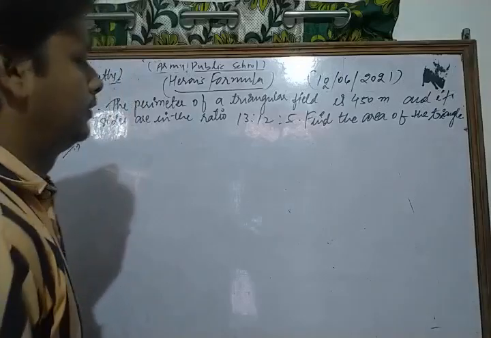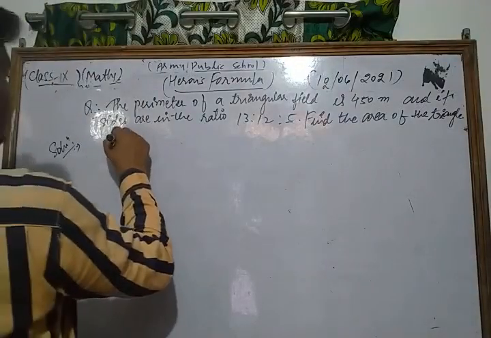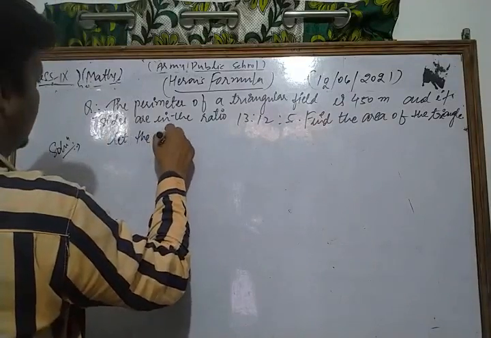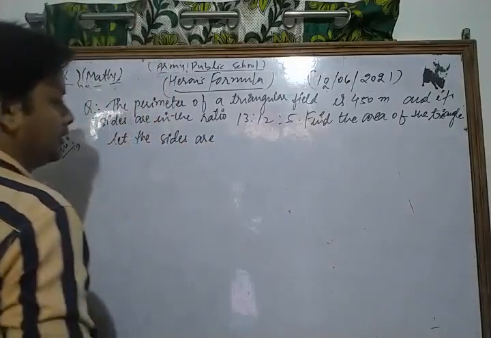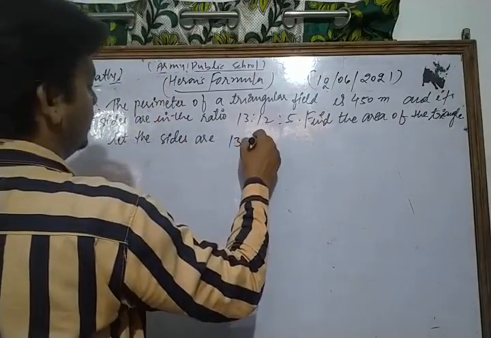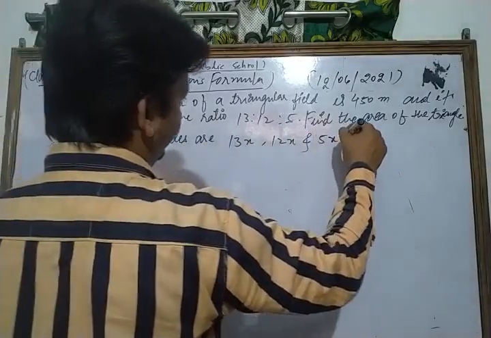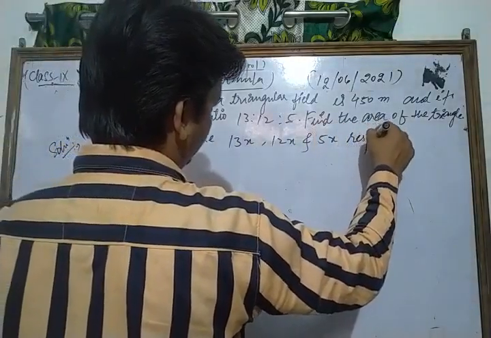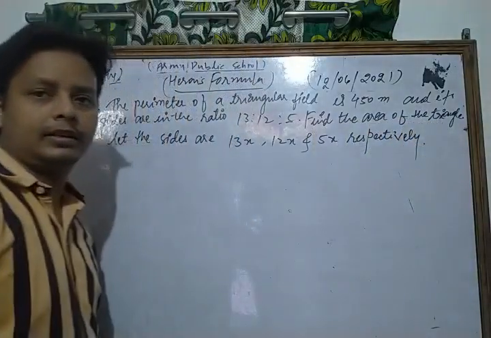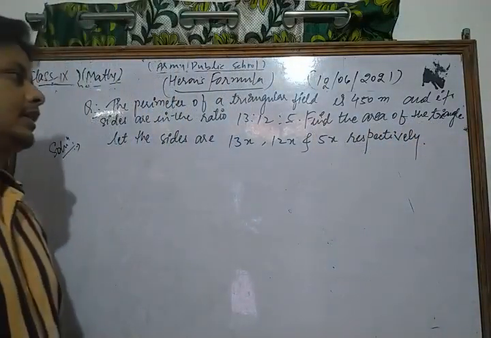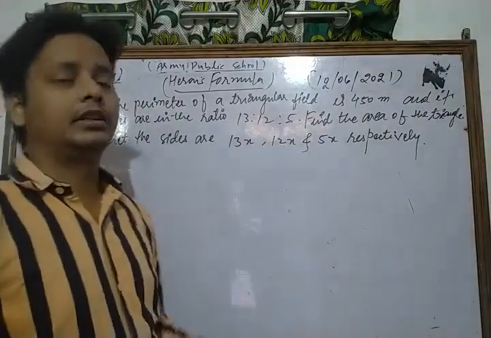So let the sides be 13x, 12x, and 5x respectively. Okay, let the sides be 13x, 12x, and 5x respectively, because the sides are in the ratio.